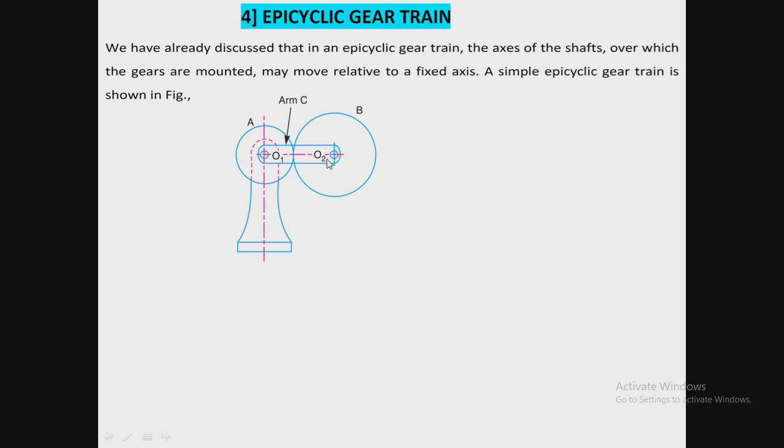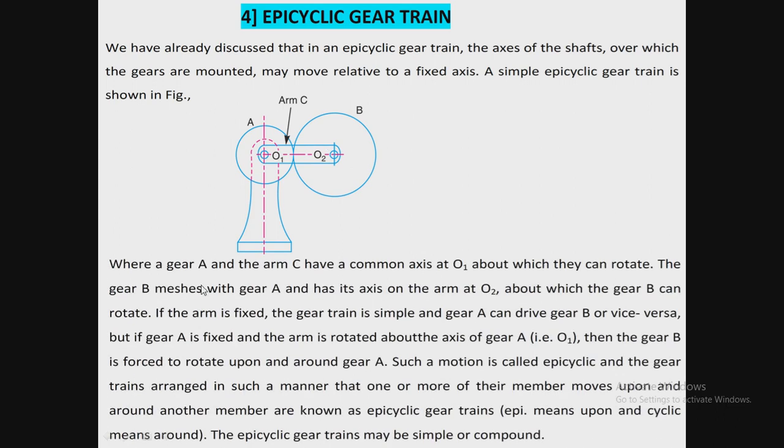Combinedly, there is a connection of arm C. In this case, the gear B may rotate around the gear A, or around the center O1, while rotating about its own center O2.